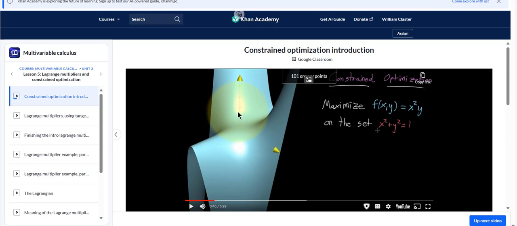Probably there is one. So here, the so-called constraint is a little bit different than you might expect, because you might expect that the constraint is sort of a circle in the xy plane, but everything inside the circle as well. But here, that's not what they're saying. Here they're saying the constraint is just the circle.